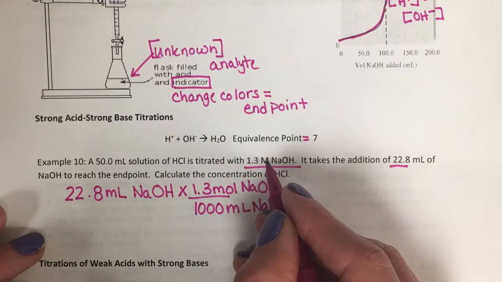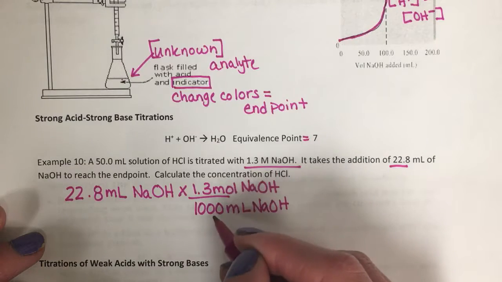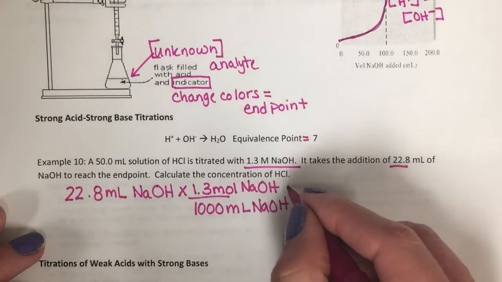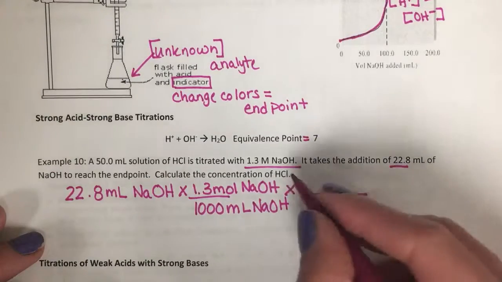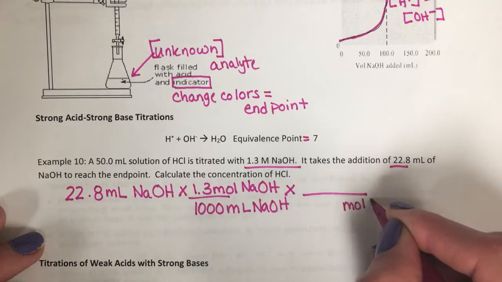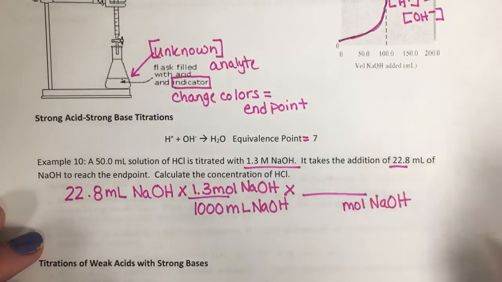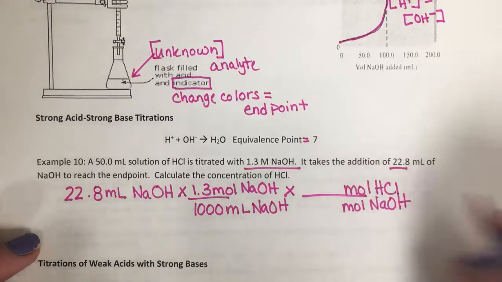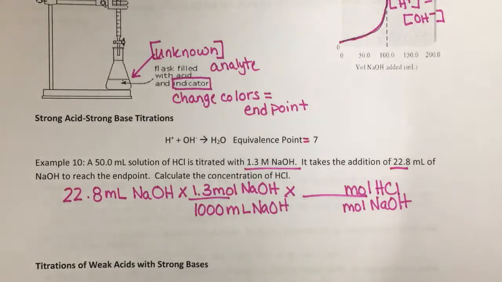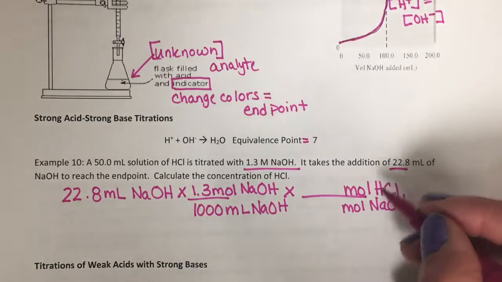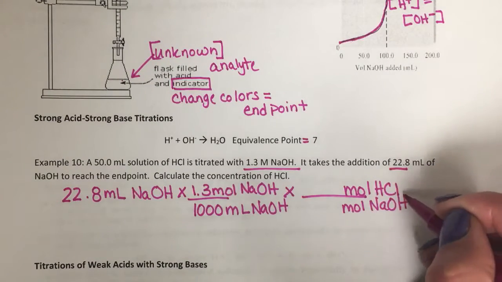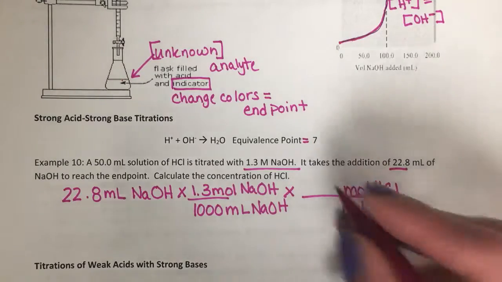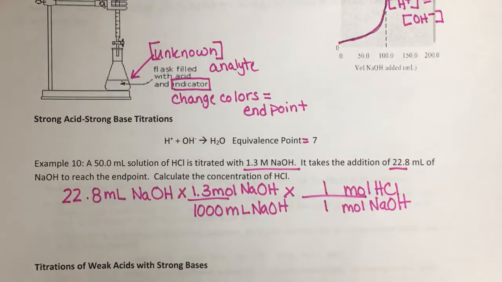Remember, my molarity is moles per liter or moles per 1,000 milliliters. So I want to get rid of moles of NaOH. Instead, I want moles of HCl. Now, when I change from moles of one element or compound to another, I use the mole ratio from the equation. 1 HCl is going to neutralize 1 NaOH. It's a 1-to-1 molar ratio.